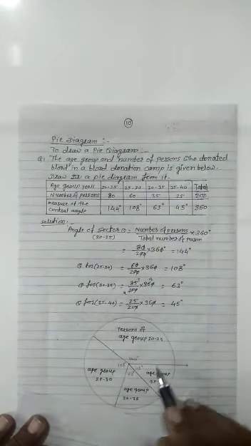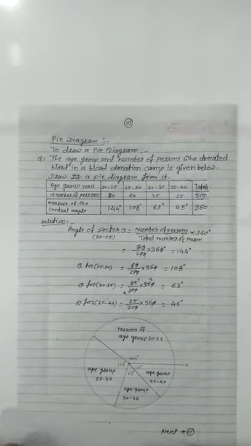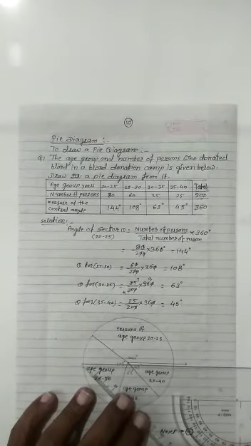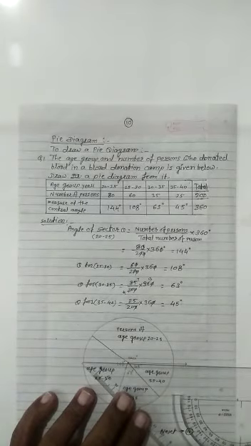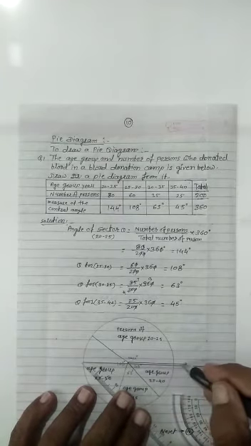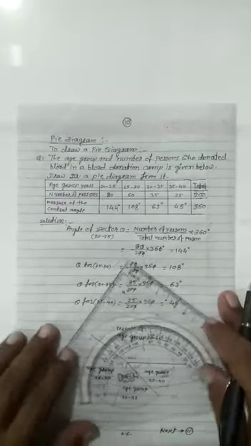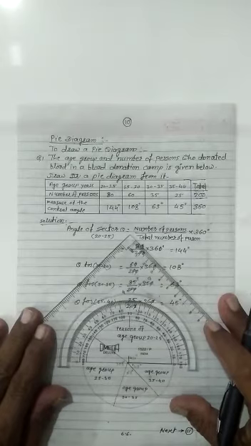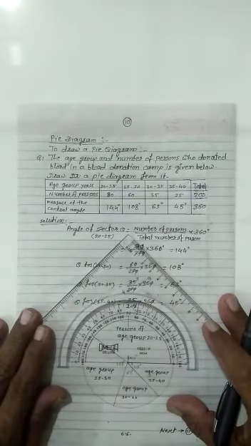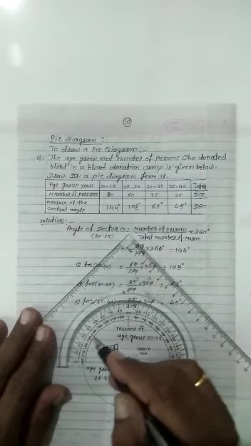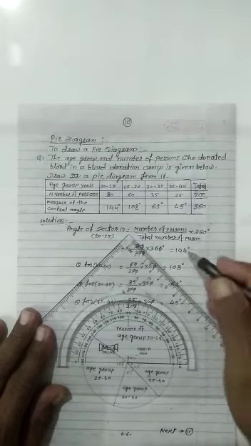So first you must draw one line, that is the initial line, in this way. Then we put a protractor on that line, matched to 0, and measure the angle started from 0, 10, 20, 30, 40 up to 144.